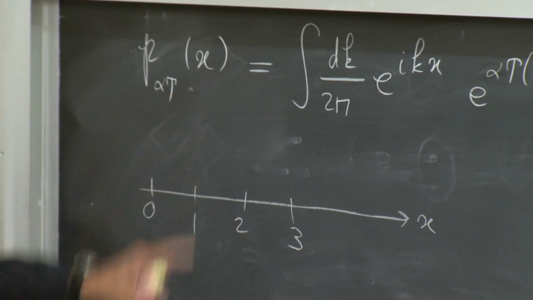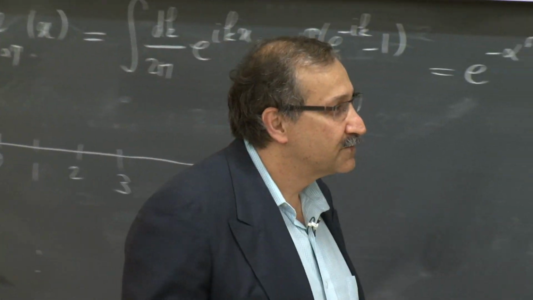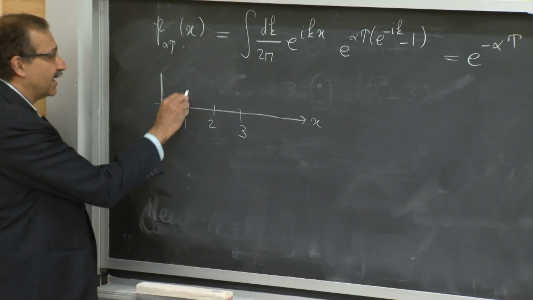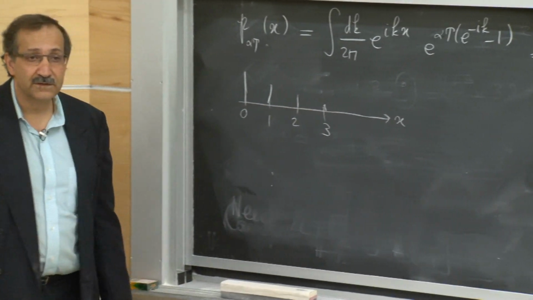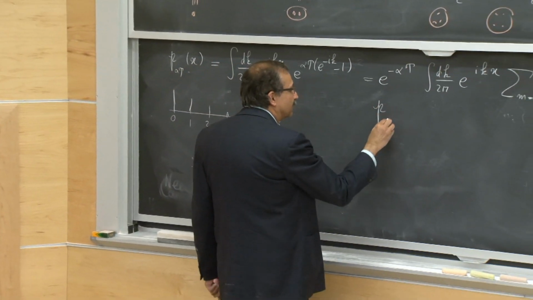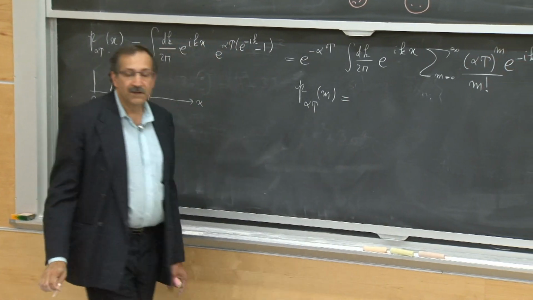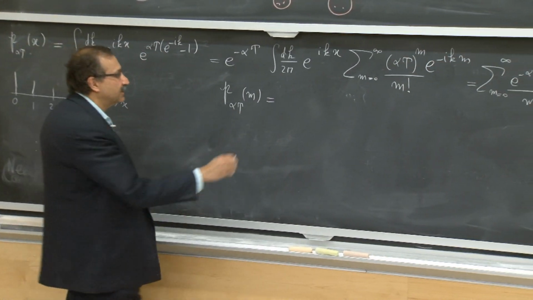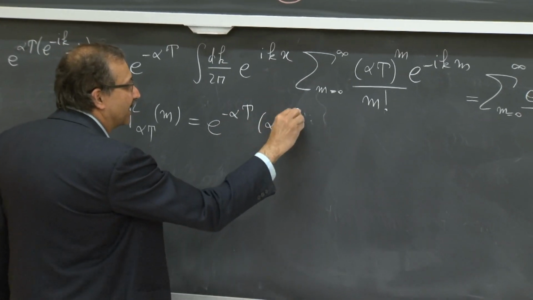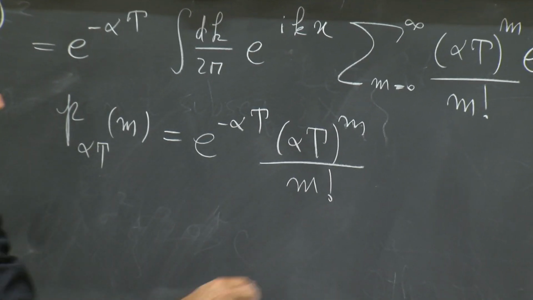So I treated x as a continuous variable, but the mathematics was really clever enough to say that no, the only places that you can have are really integer values. And the probability that you have some particular integer value m is simply what we have over here, e to the minus alpha t, alpha t to the power of m divided by m factorial, which is the Poisson distribution.